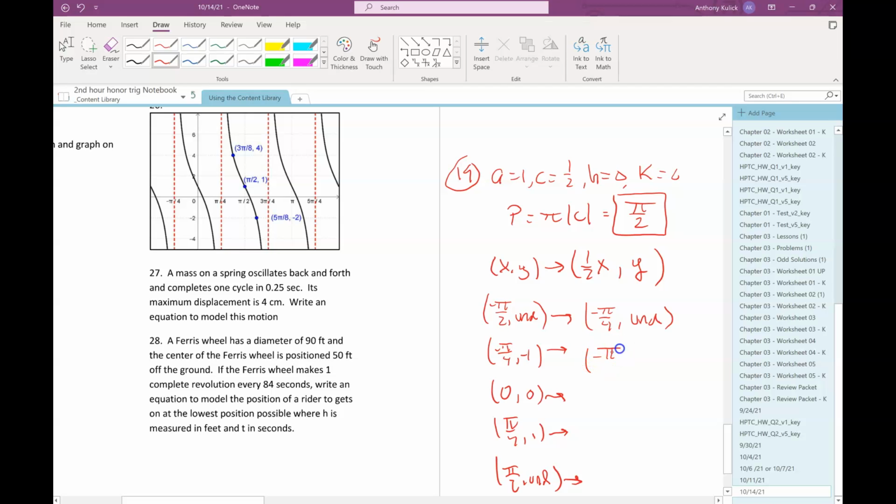Here I have negative pi over 8 and negative 1, 0, 0, positive pi over 8 and 1, and then positive pi over 4, undefined. Is that okay there? Yes, thank you.